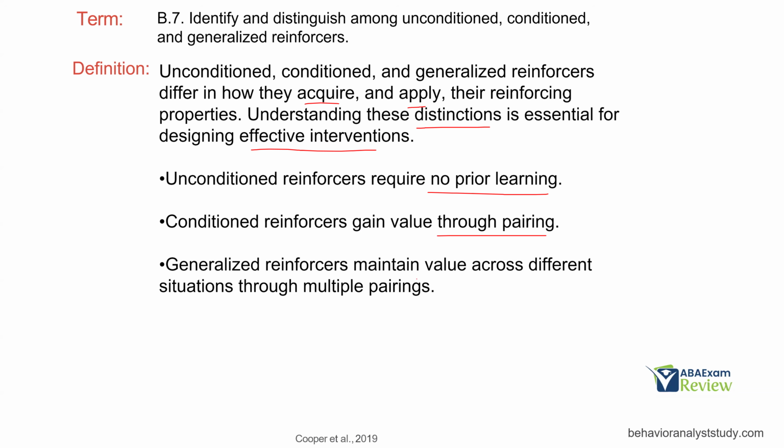And then generalized reinforcers maintain value across different situations through multiple pairings. So we're taking a broad reinforcer, think of a token, and pairing it with a bunch of different stimuli so that it is resistant to satiation and it is more effective in more scenarios or environments.